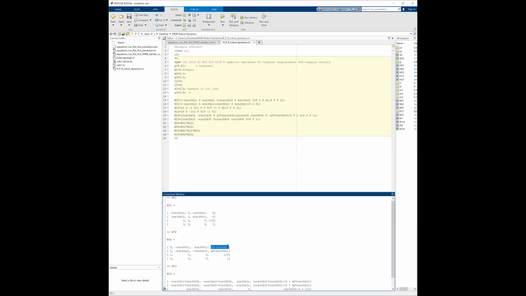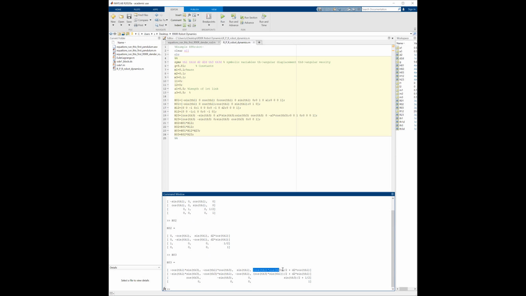This is Px2, this is Py2, and this is Pz2. Understand this is a prismatic joint, Px2, Py2, and Pz2. This is Px3, Py3, and Pz3.